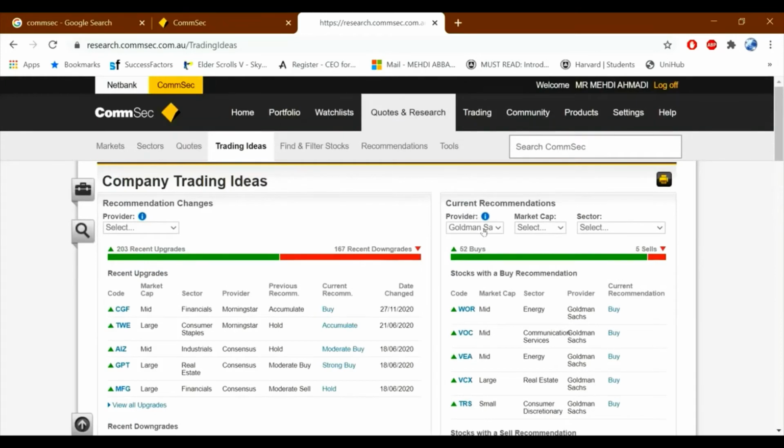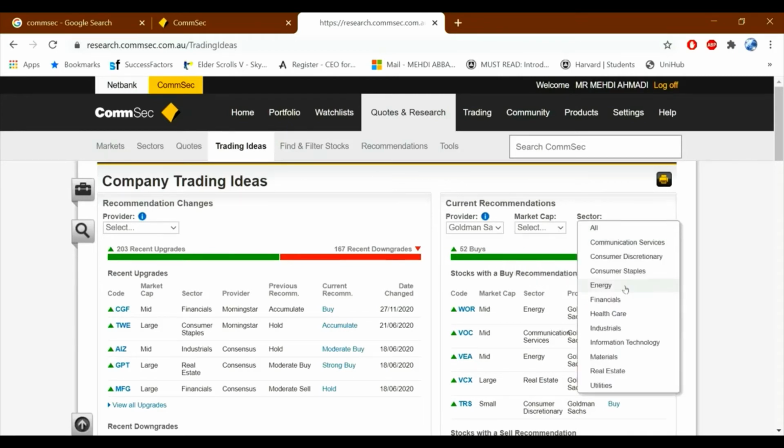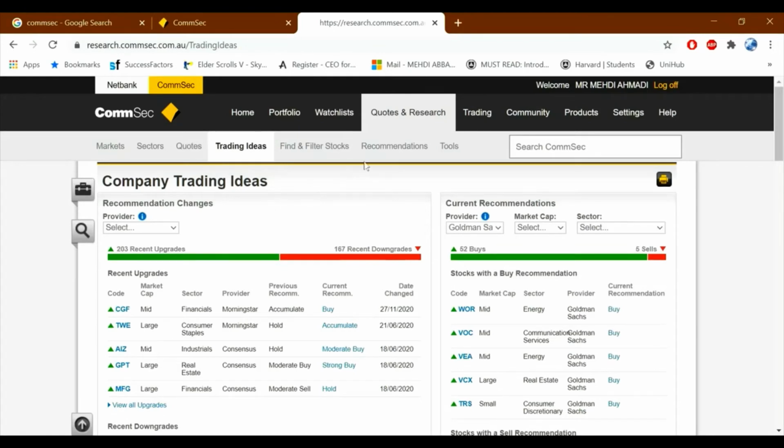Or you can choose which providers you want to follow: Goldman, Morningstar, or Consensus. And then you can choose which market: large-cap, mid-cap or small-cap companies. And you can choose which sector you would like to use.